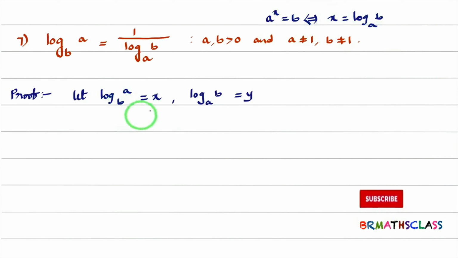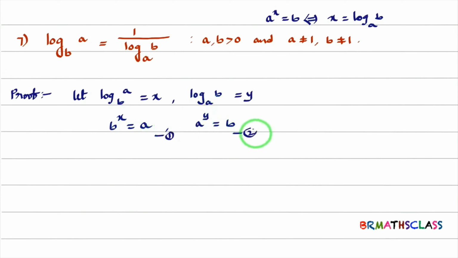So how do we write this into exponent form? See this, b power x equal to a. Here, what can it be written as? It can be written as a power y equal to b. So this is equation 1, this is equation 2. Now you observe here b is there. From equation 2, in place of b, I can write a power y.